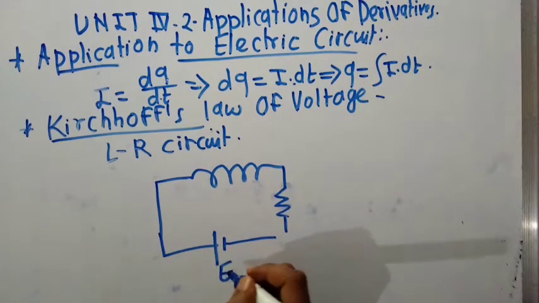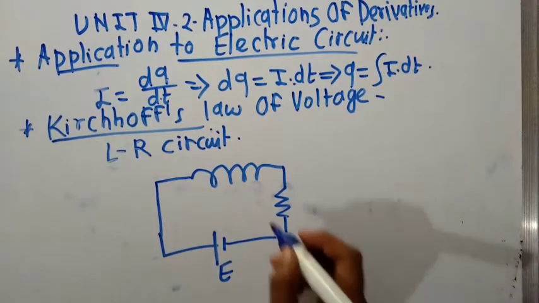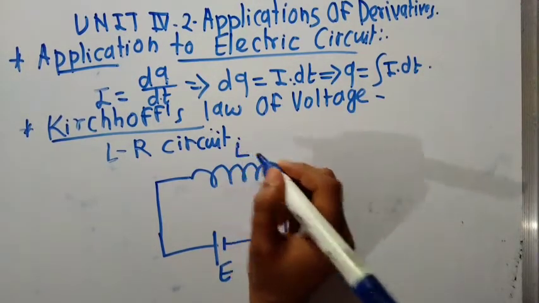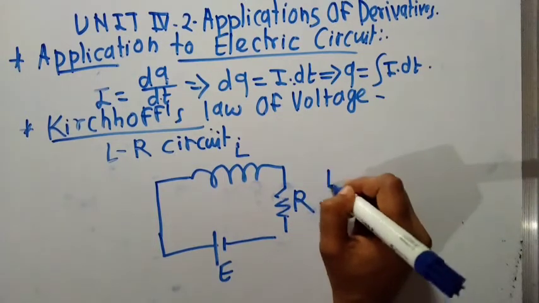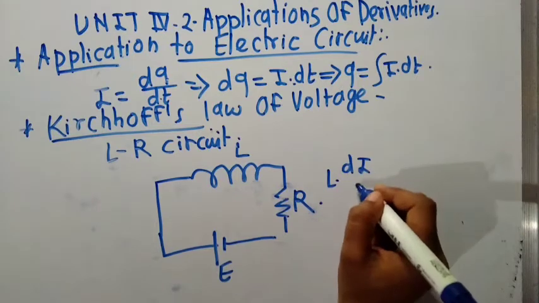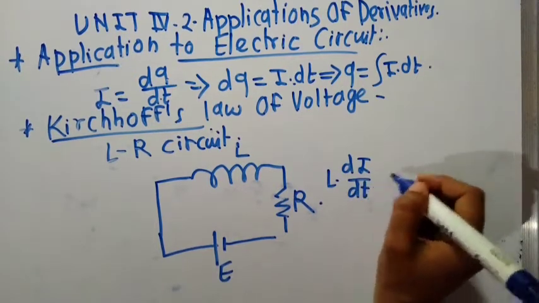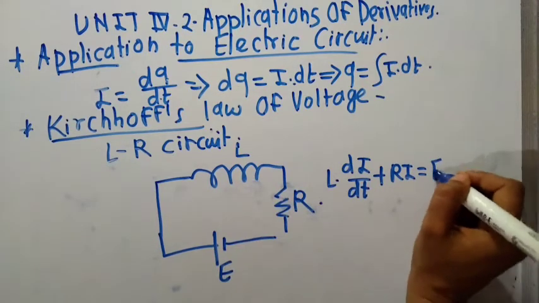It has the electric current, and L is inductance and R is the resistance. Then L into di by dt plus R into I is equal to E.